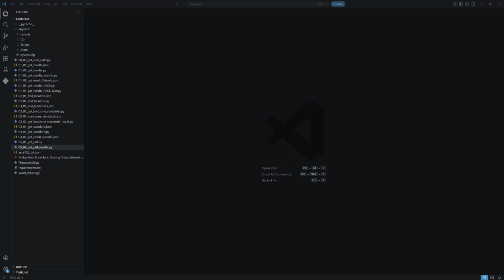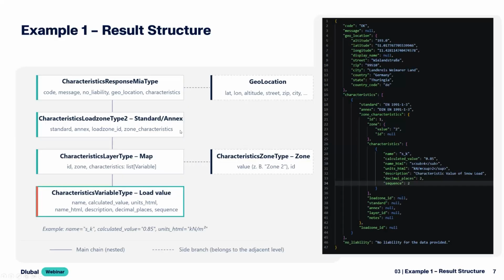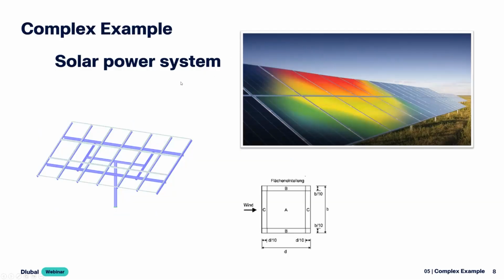Now I will continue with my last example, and this will be this complex example where we're looking at a solar power system. I took this model from the website. This was also an example for parametric modeling. I'm not combining this now with the parametric modeling, but if we think it through, we could use the parametric modeling in combination with our Geo-Zone tool API to have the results for this solar power system for every place we want to design and get the loads accordingly.